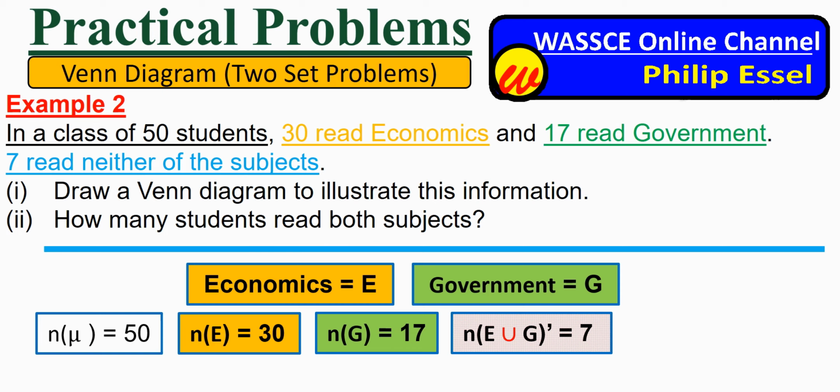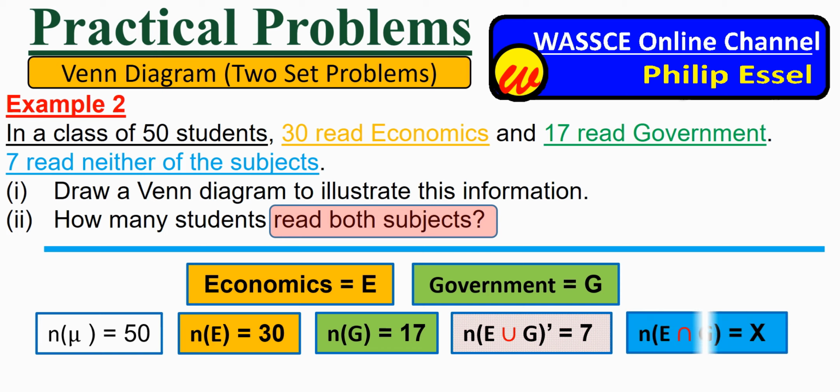Finally, we are told that there are some students who read both subjects, that is economics and government. But we are not given their number. However, we are asked to find how many these students are. Of course, because we don't know their number, we would represent this information by x and look for the value of x.